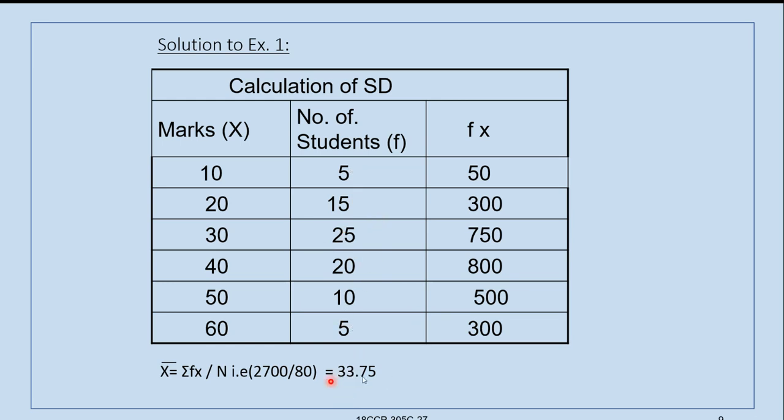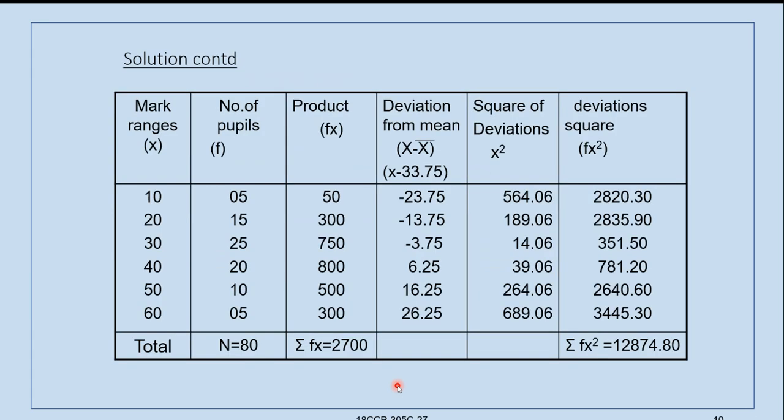Then we are calculating the standard deviation by using the arithmetic mean by using the formula. So after getting 33.75 as arithmetic mean, we are calculating the standard deviation.